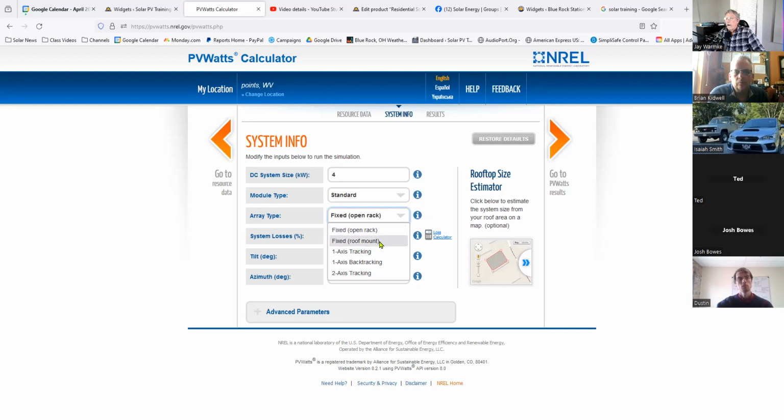Then there's roof mount, 1-axis tracking, 1-axis backtracking, 2-axis tracking. So what we're saying here is for most cases, you guys are going to either deal with Open Rack, which is going to be a ground mounted fixed system, or roof mounted.